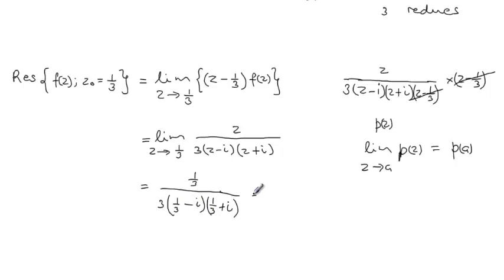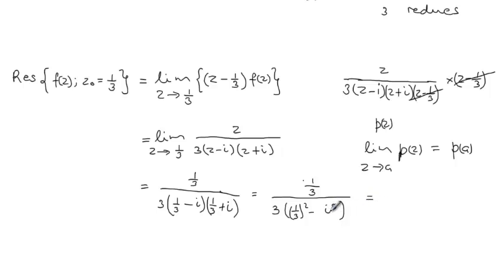this would give us 1/3 over 3 times ((1/3)² − i²).